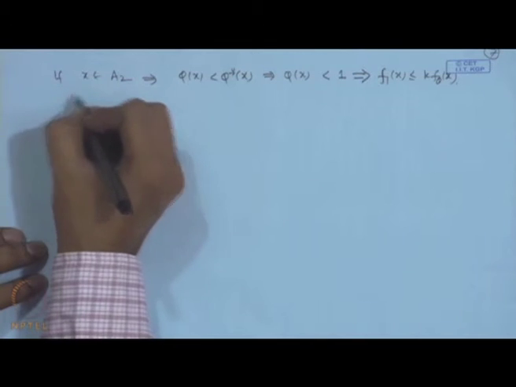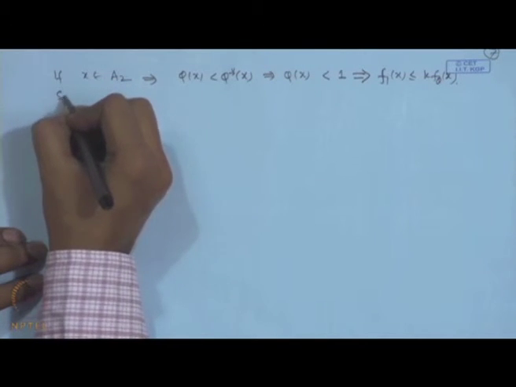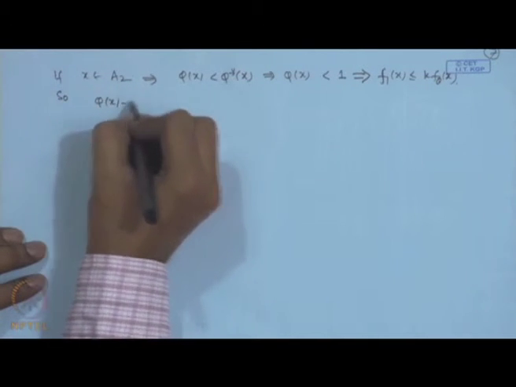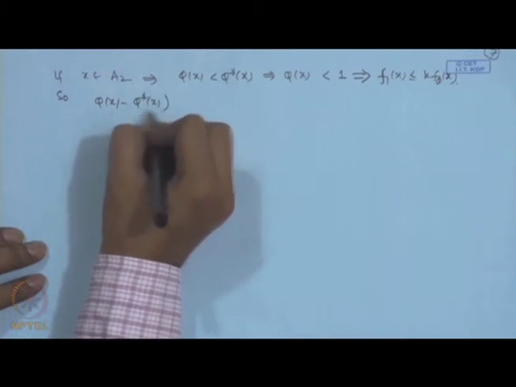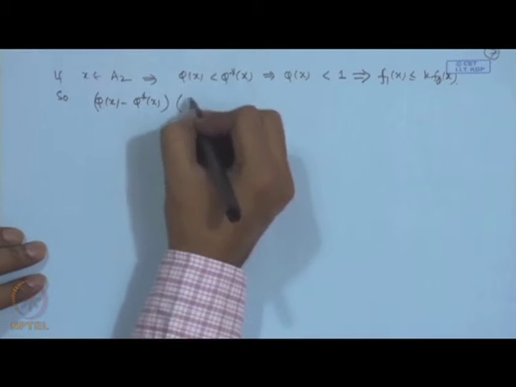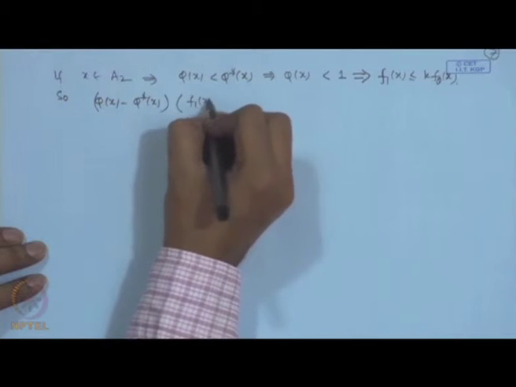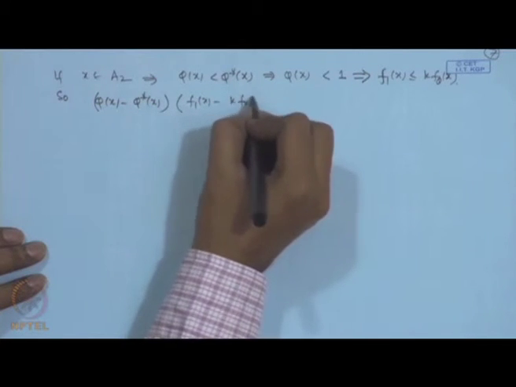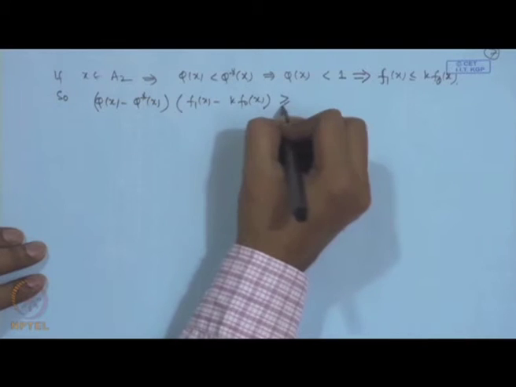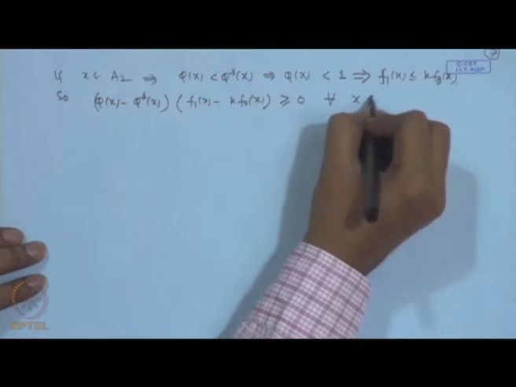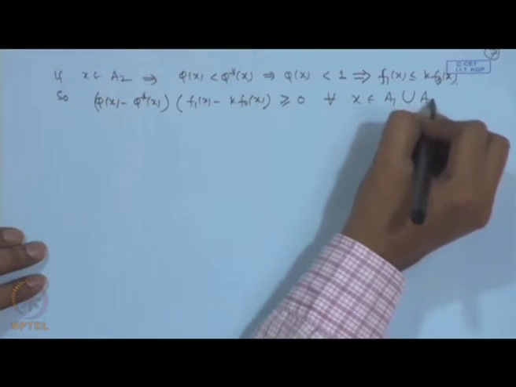Therefore, what we have concluded here is that phi x minus phi star x multiplied by f1 x minus k times f naught x is greater than or equal to 0 for all x belonging to A1 union A2.